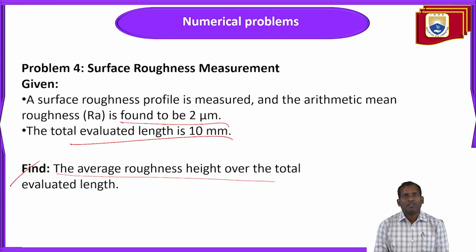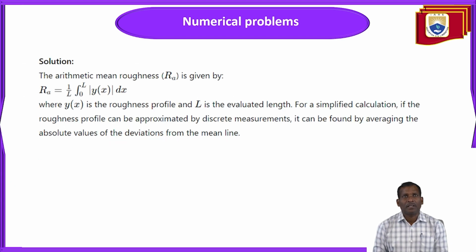So we need to measure this roughness profile. The arithmetic mean roughness means the summation of all values and then finding the mean. Here 2 micrometer and the length are given, so find the average roughness height over the total evaluated length.